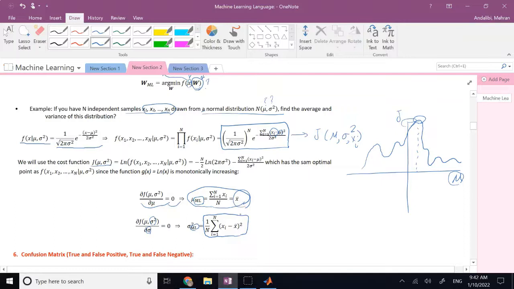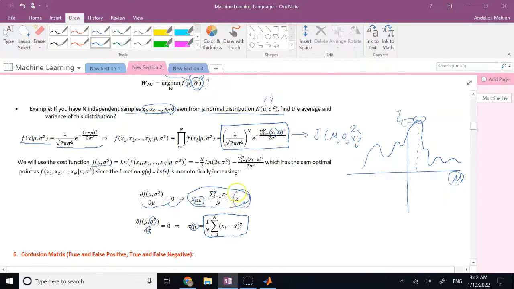Right? Let's say if I want to know the height of the people in a country, right? The male height, let's say, for example, to make it more specific, how do I do that? Can I go and find every single male person and take their heights and then find a distribution like this and then look at where the sigma is, where the mu is? No, it's impossible to get all of the data.